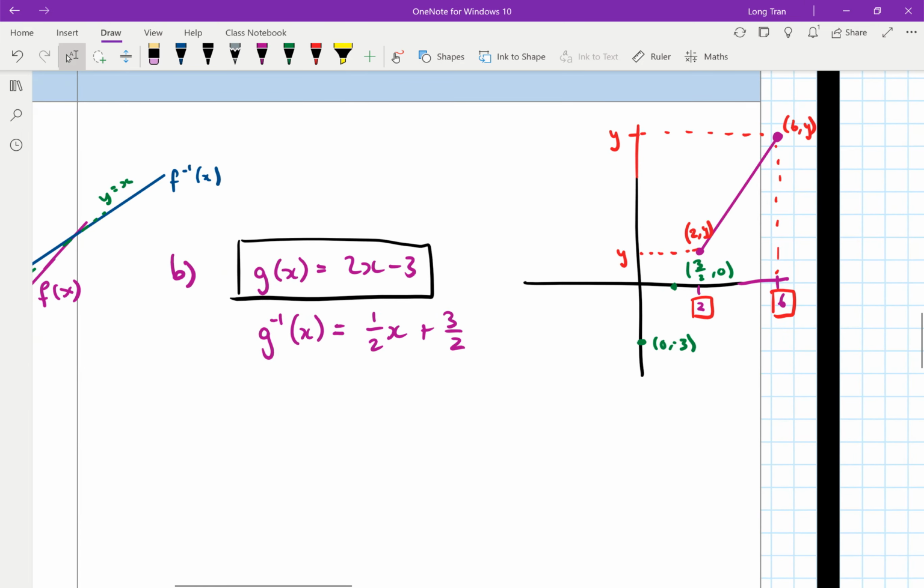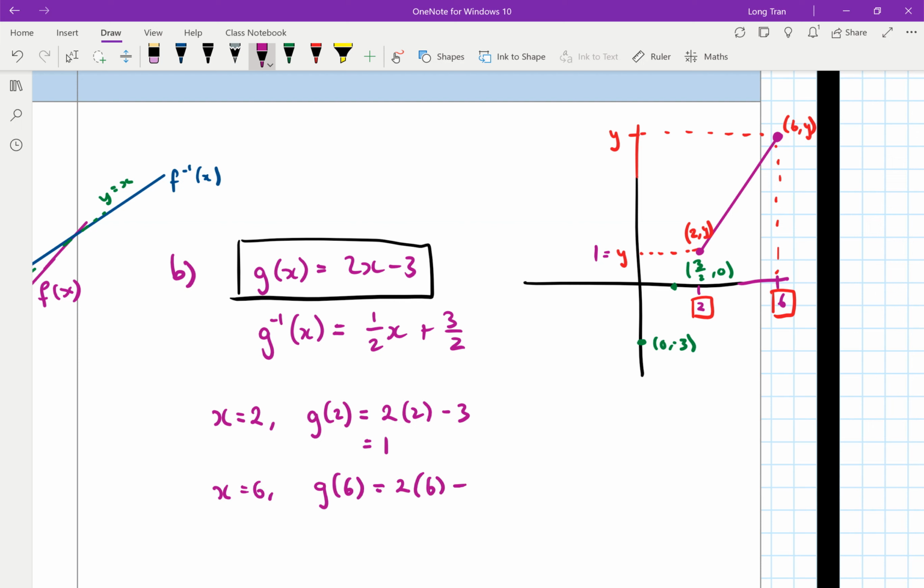When x is equal to 2, g of 2, which is the y value, is 2 times 2 minus 3, which gives me 1. So this must be 1. And when x equals 6, g of 6, which is 2 times 6 minus 3, is 12 minus 3, which is 9. So up here, that's 9. So clearly, my range is from here to here, which is 1 to 9.